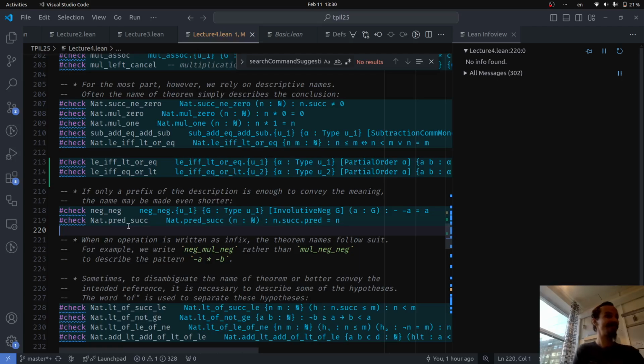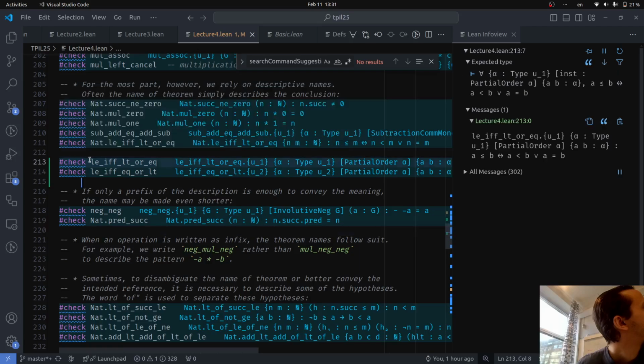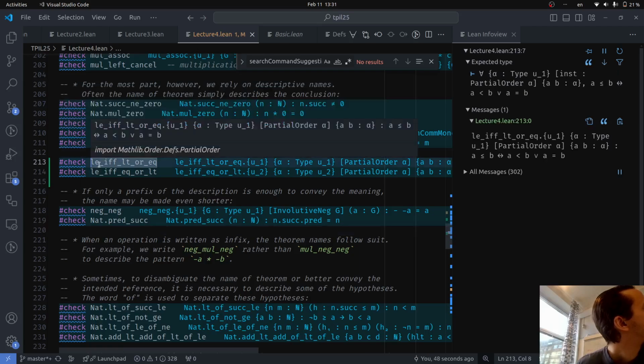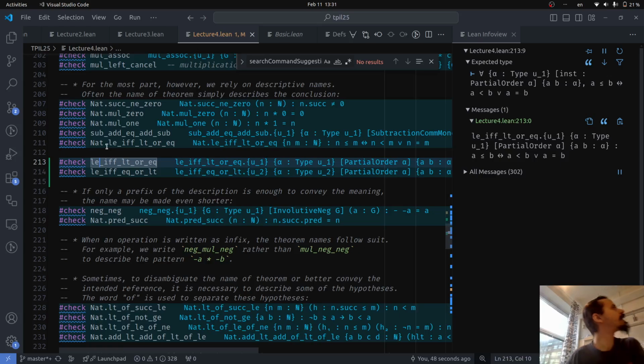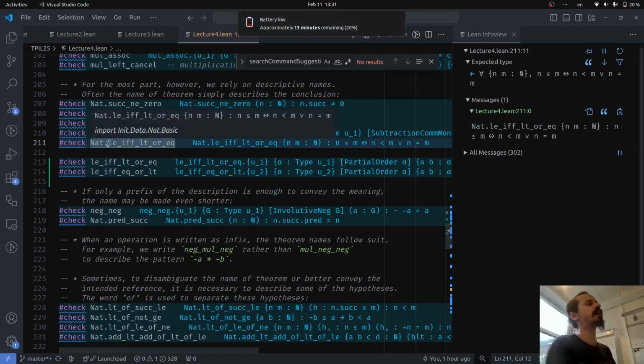So, sorry, if you take this example with LE, if, and so on, are they completely independent of each other, or is the Nat version defined in terms of the general version? Yeah, so in mathlib, it used to be the case that, well, maybe for a couple of them, a few of these kinds of theorems will be proved enough to show that less than is a total order.